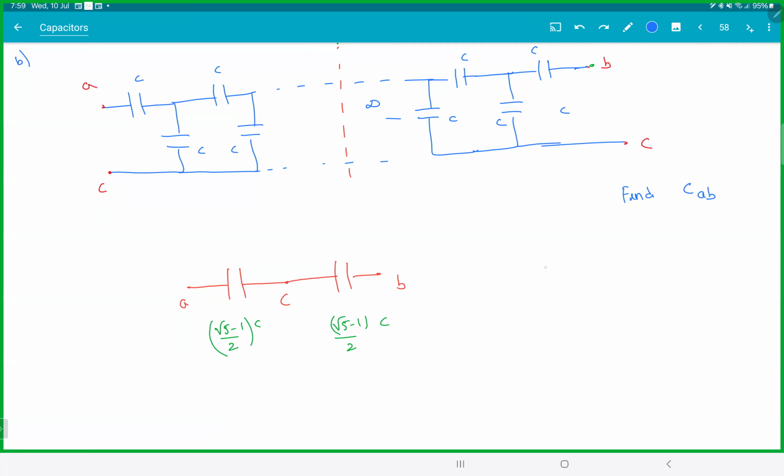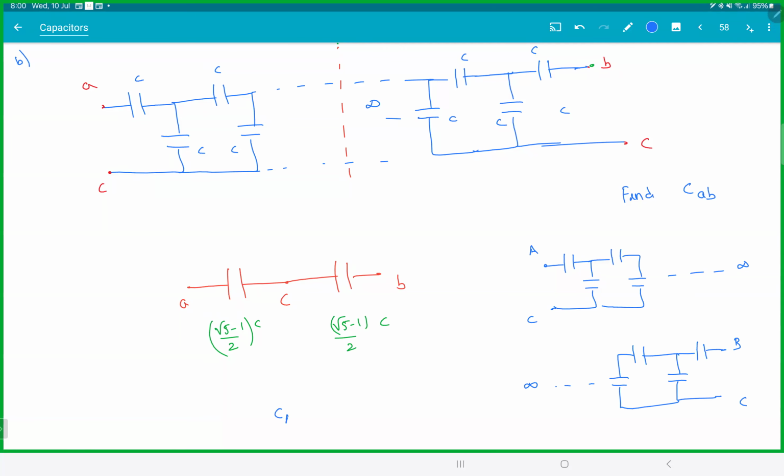So basically, this is what you did. You found between A and C, and you found between B and C. I know CAC, I know CBC. Now if I join these two, then I'll get CAB. So CAB would be root 5 minus 1.